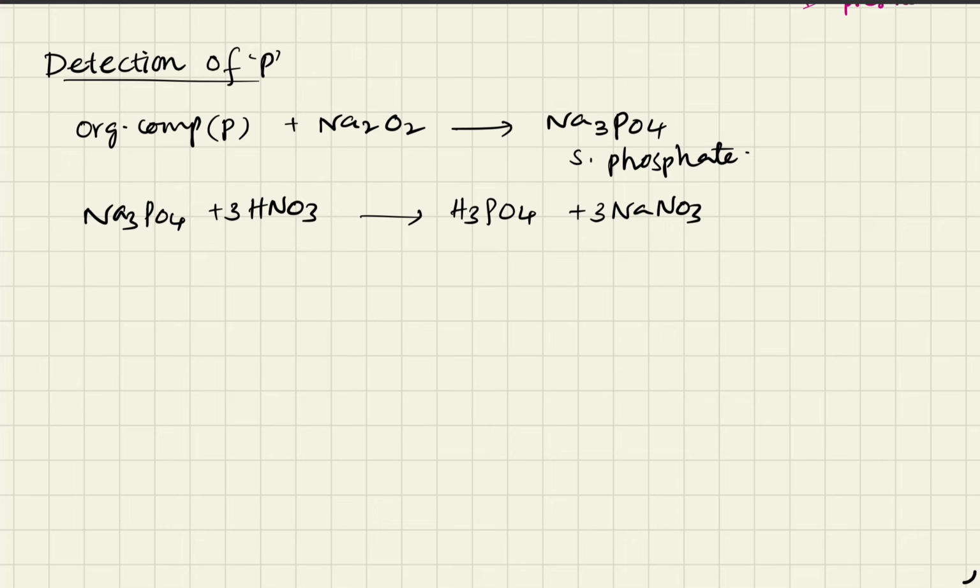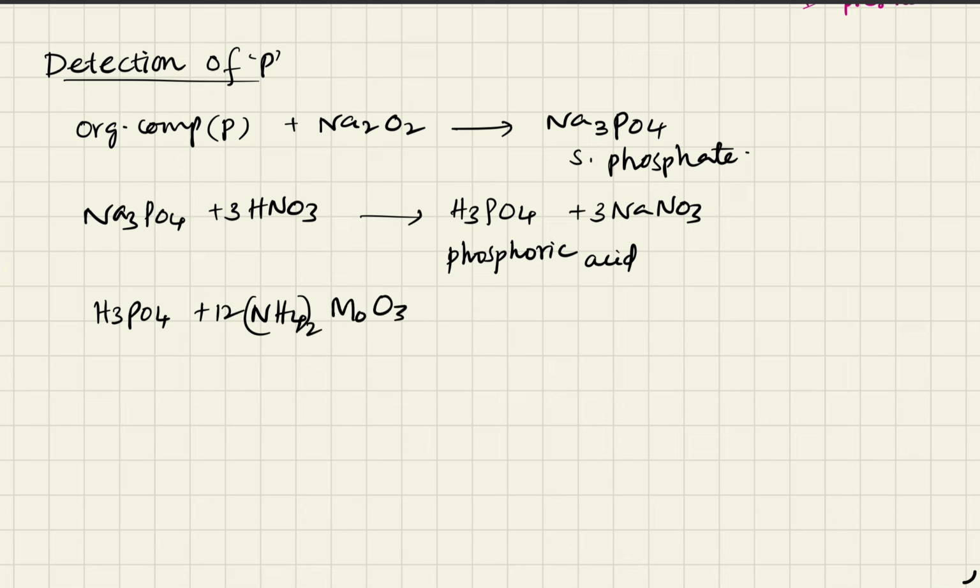Okay. Then this phosphoric acid, H3PO4, is treated with ammonium molybdate, 12 times, and here 21 HNO3.